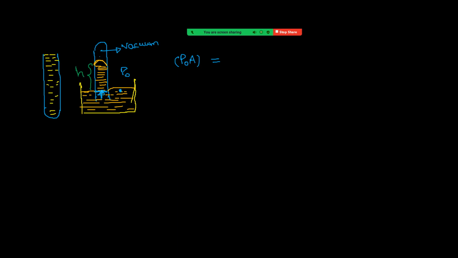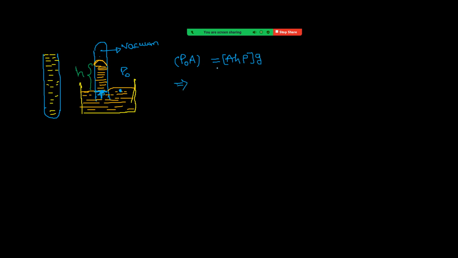This force is supporting weight of this mercury, right? That is equal to weight mg, m means area into height, that is volume, into density of mercury, that is mass, into g.